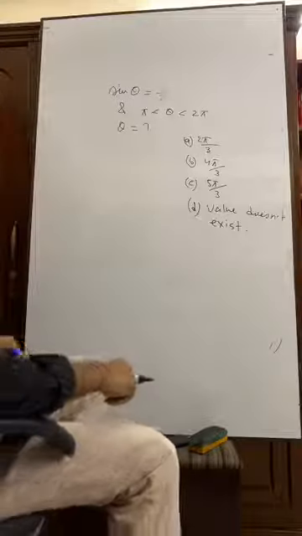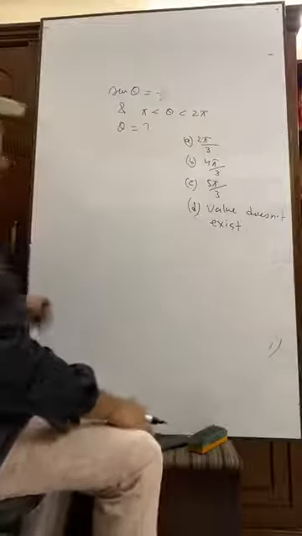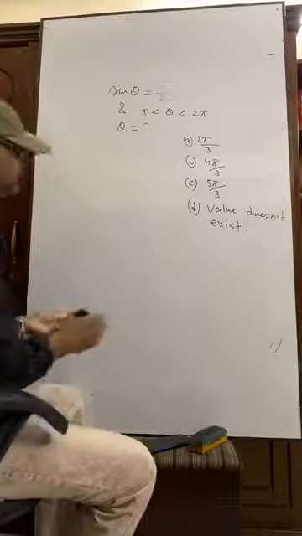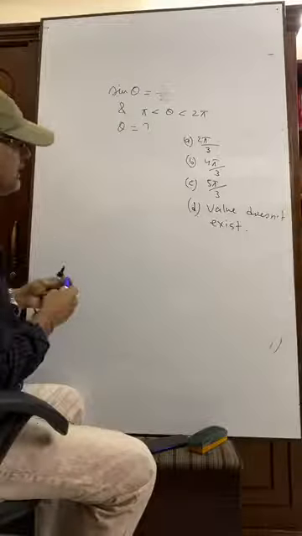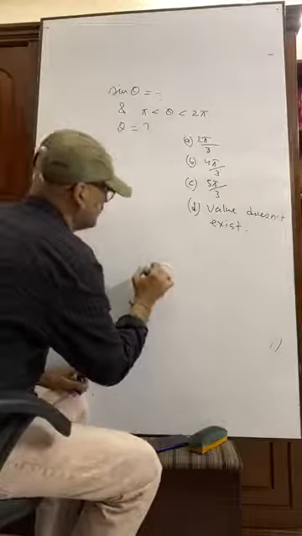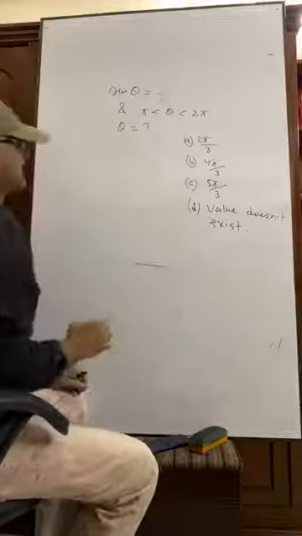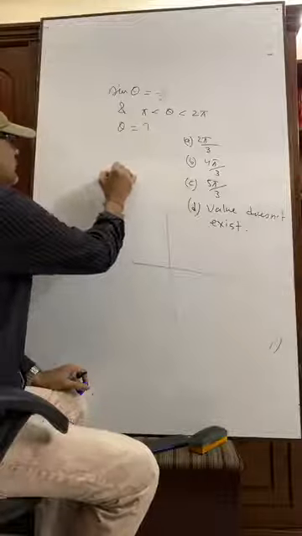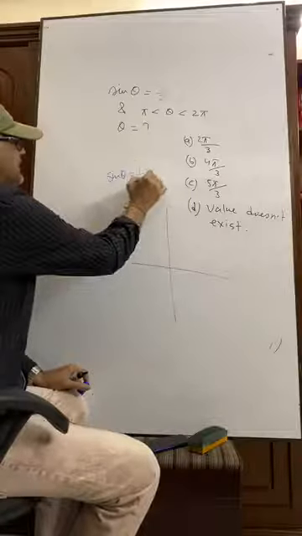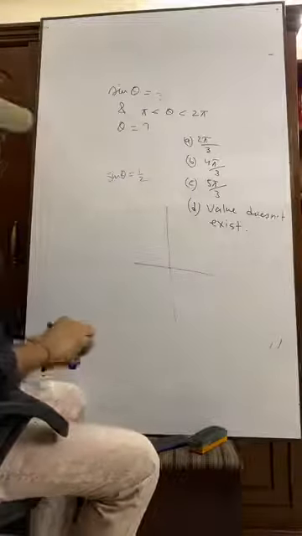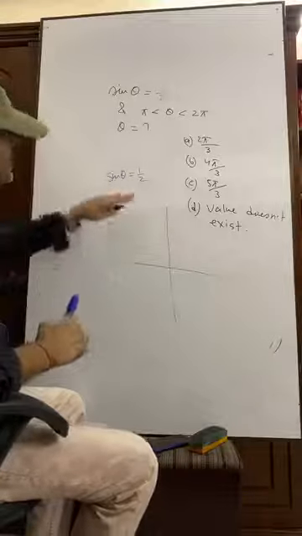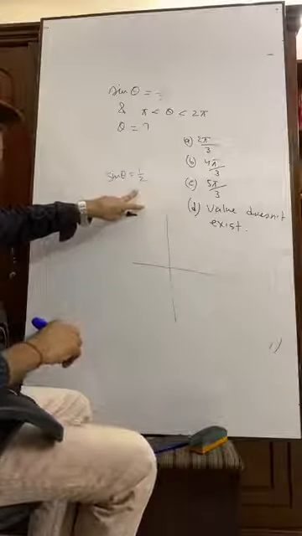Okay. Sin theta equals to half. What is meant by this? Sin theta equals to half. Okay, see. It's a positive number, half. Yes, positive number.